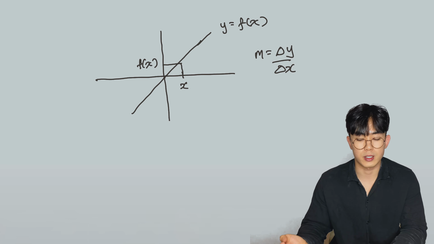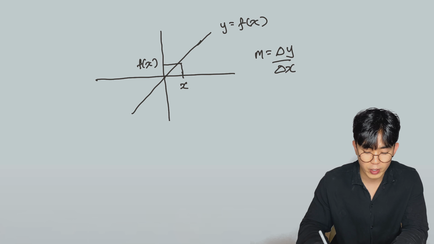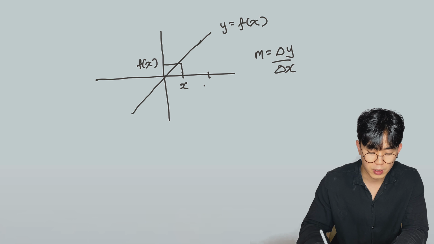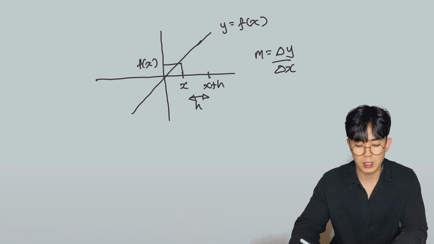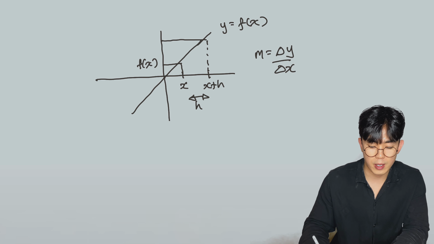This is a function, isn't it? Now, because we need two different coordinates, I'm going to go a further step ahead. I'm going to call this x plus h, i.e. the gap is going to be h. We're going to increase it by h. And so therefore, if I plug x plus h into here, then I get f of x plus h.